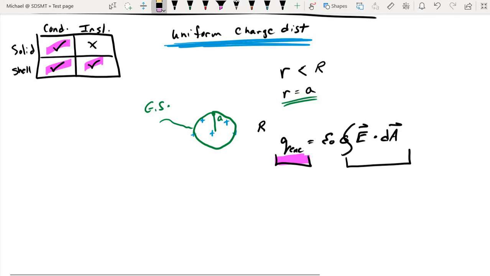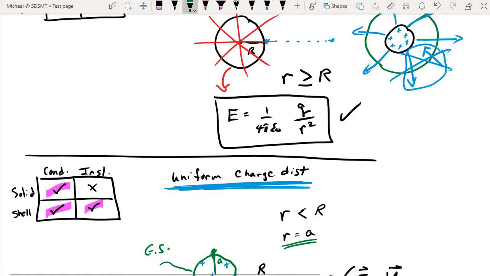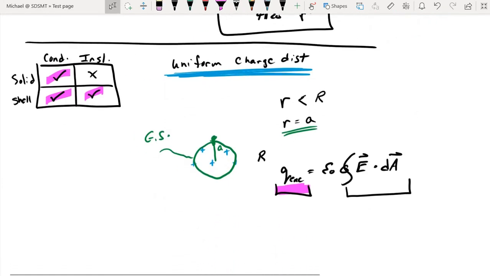And so basically you just have a smaller sphere with some charge inside of it, and now you're looking for the electric field at the surface of that sphere, and we already know how to do that. We know that this sphere will act like a point charge once we sit at the surface.